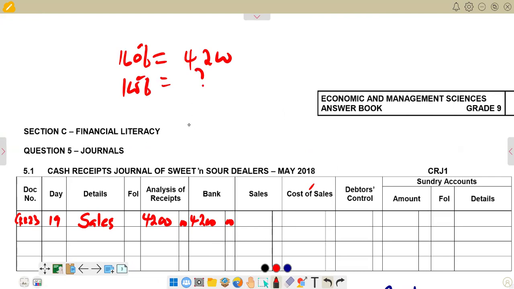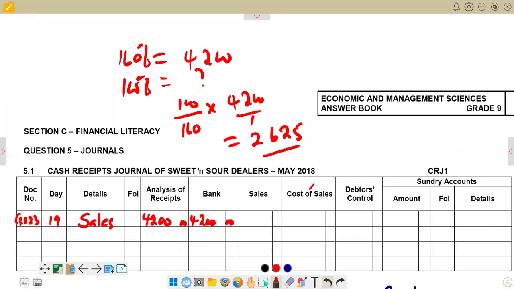Remember, what you don't have is the numerator, 100, over what we have, 160, times the given figure, which is 4,200. If you multiply as such, you are going to get 2,625, representing your cost of sales.